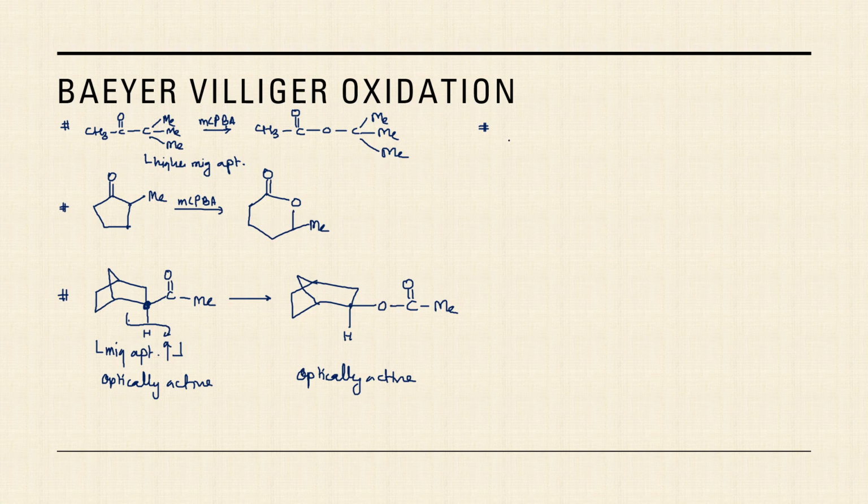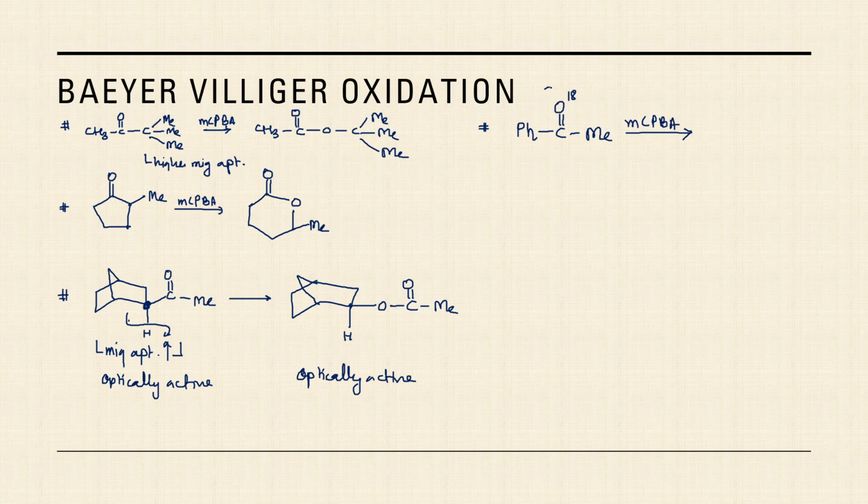Okay, next, suppose you have a compound like this, let's say PhC double bond O Me, and this is O18, and this is being treated with MCPBA.